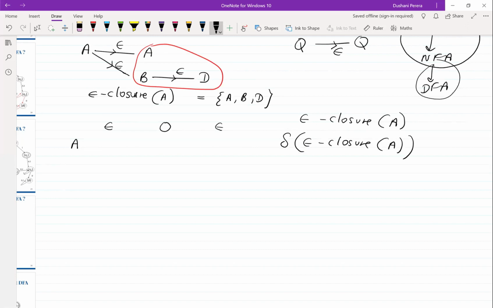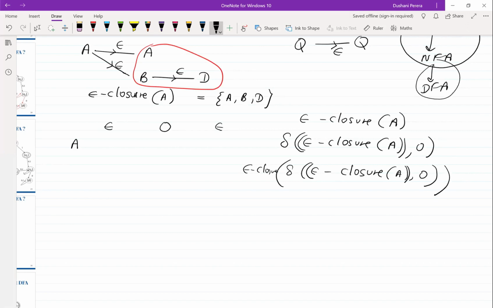That means I'm going to see what will happen to it upon getting some symbol, 0 or 1, or however many alphabet symbols there are. Then for that result set, I'm again going to check the E closure of it.